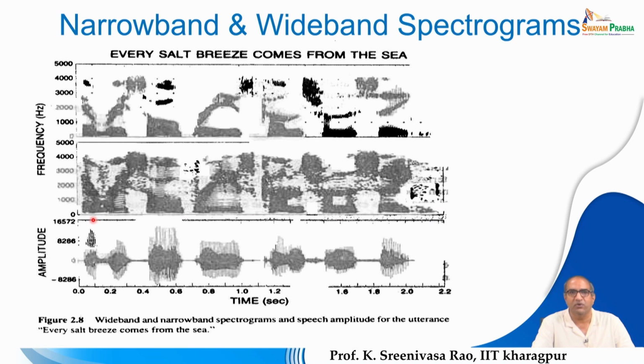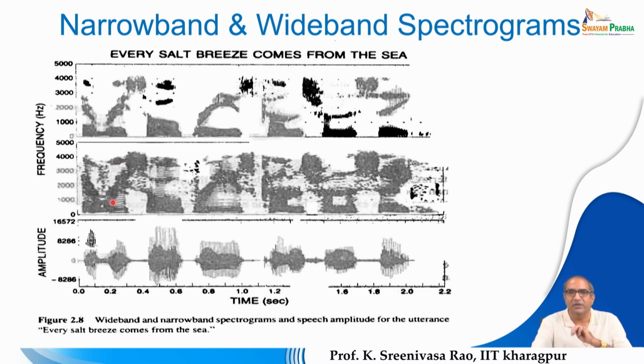Therefore the spectrogram gives you, with respect to time, how the spectrum is varying. The spectrum is the various frequency components present in a signal at a particular time. So the spectrogram contains the timing information, and the frequency content present in that signal at that particular instant: what frequency components are present, and for each frequency what is the energy associated.